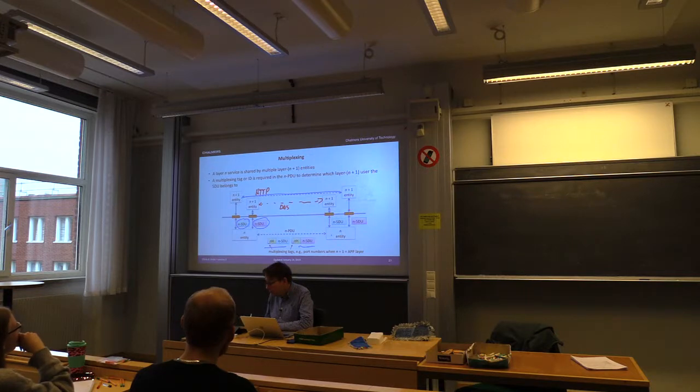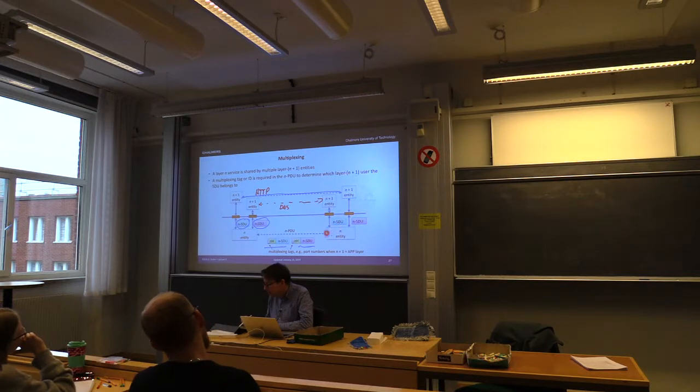And to do that, we need some identifier in the header to explain to which service access point the blue one should go. So the blue one goes down here, goes over here, the multiplexing tag is inspected here, and then this entity knows that it should send it up here.